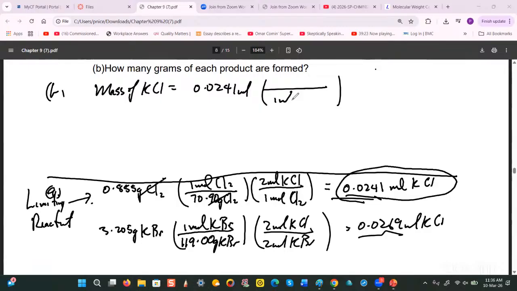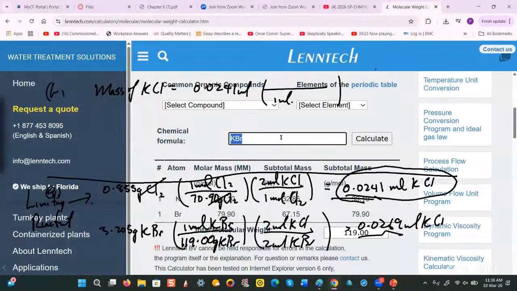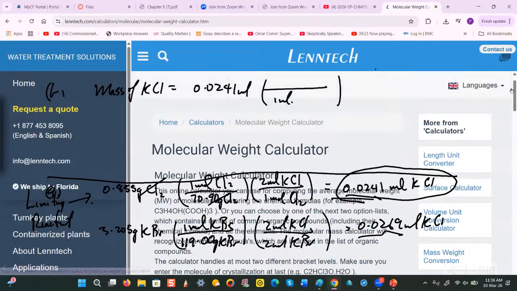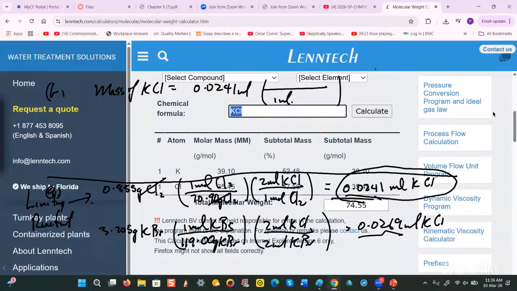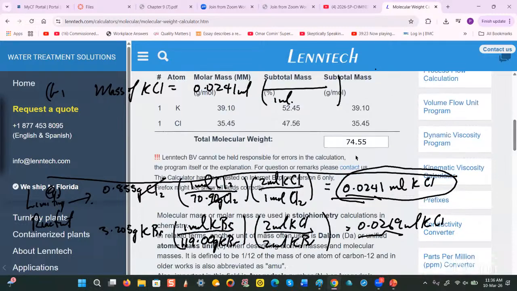So again, I have to use the calculator here. KCl, oops. And 74.55 is the molar mass.